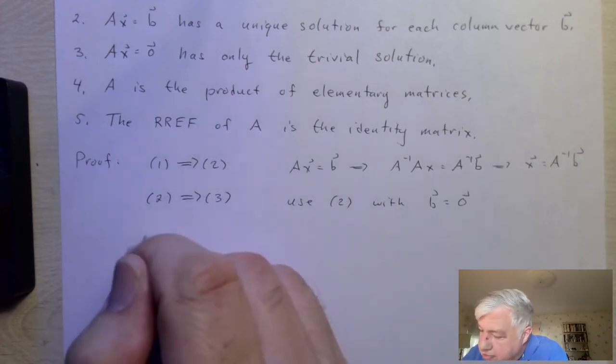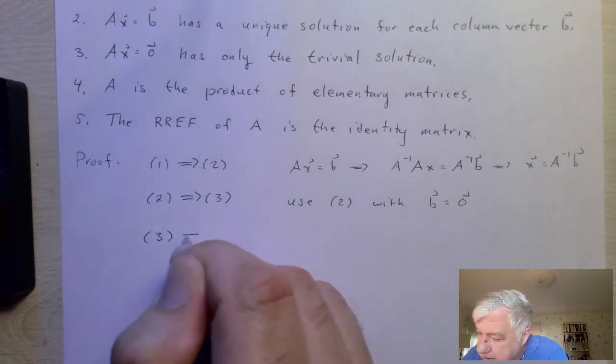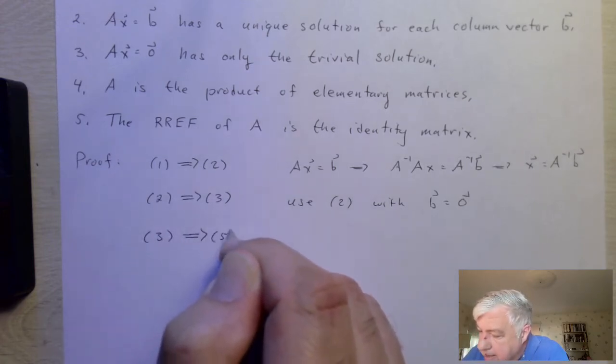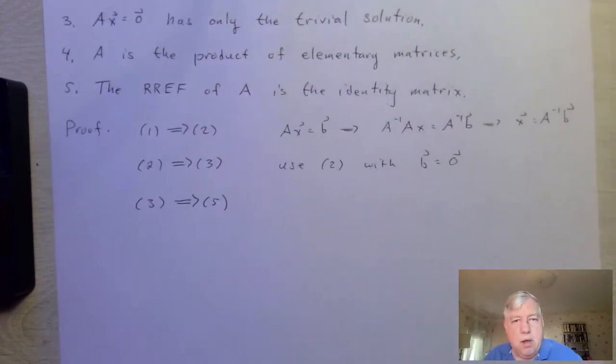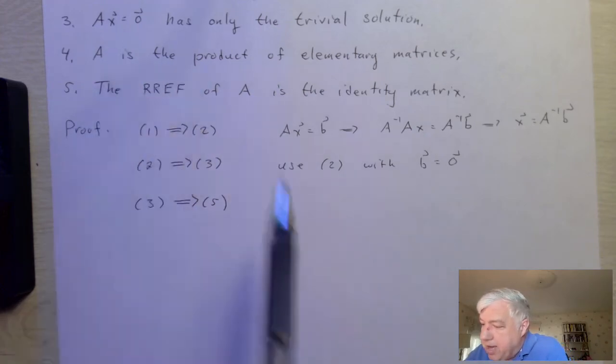To show that 3 implies 5, we also did that. The reduced row echelon form has to be the identity, because if it's not, you get free variables, and that means you get more than one solution to AX equals 0.